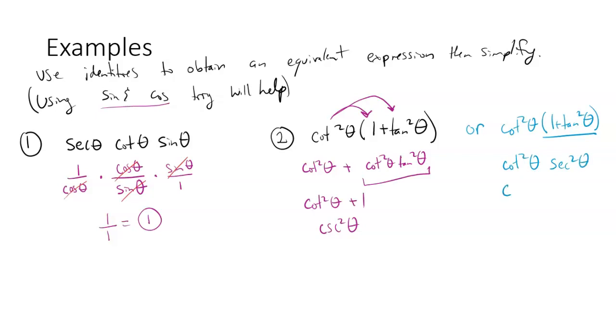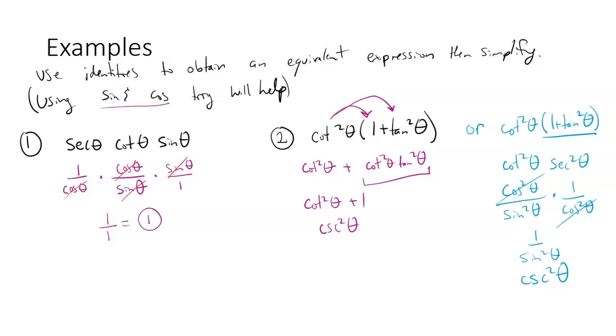I'm going to change cotangent to cosine squared over sine squared. Again, I can use that identity. And then secant is really 1 over cosine squared. What do I notice? The cosines cancel away, leaving you with 1 over sine squared, which again is the same thing as cosecant. So a lot of different things that we could potentially do.